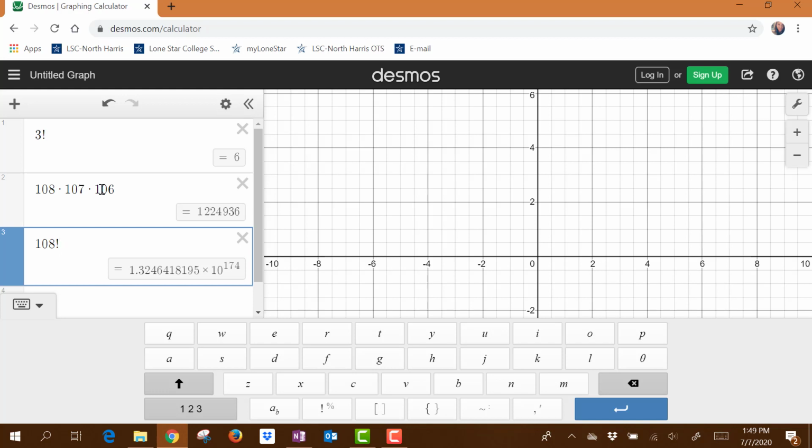And you would have to move that decimal place 174 times to the right to actually capture how large that number is. That's what we call scientific notation. So trying to do that is much more difficult, even with a calculator, than doing that shortcut cancellation and then only multiplying those 3 leftover numbers together.